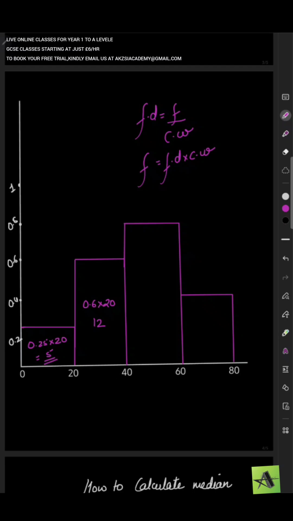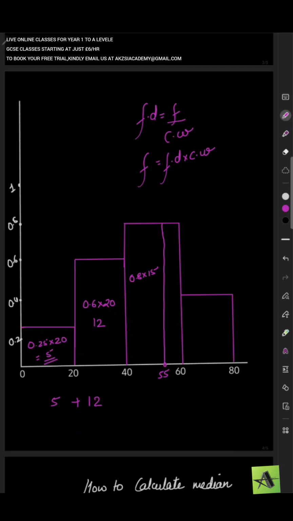So till 40, this is how you have calculated. That means from 0 to 20, there are 5 bags. From 20 to 40, there are 12 bags. And from 40 to 55, 55 would be lying somewhere here. So what I'll be doing is calculating the frequency density, 0.8, times 15, because 40 to 55 is 15.